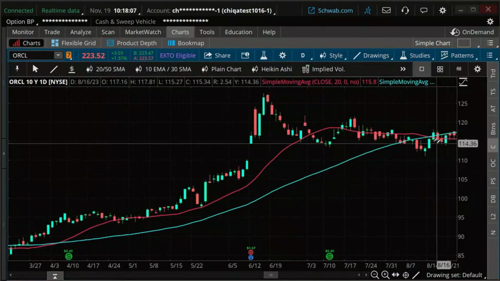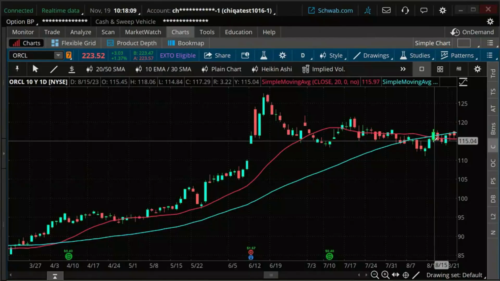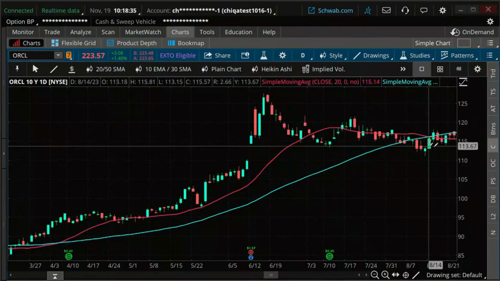And we got the crossover here at 8/15/23. Now, this is not a recommendation of a particular strategy, a particular stock, or any particular trades. I'm trying to just demonstrate some tools that you may use as you do this. So that's how to do this.